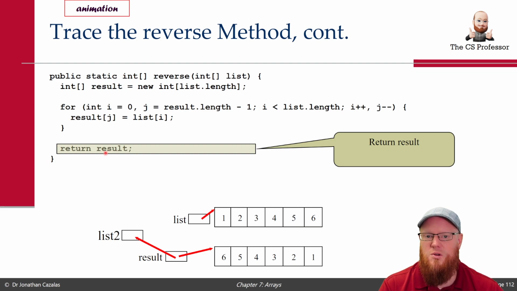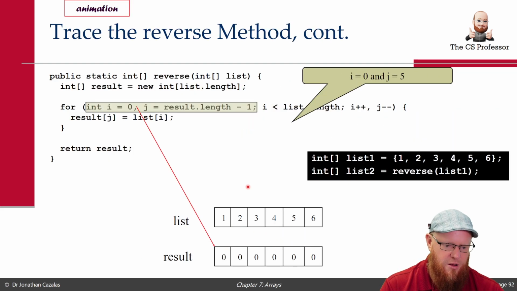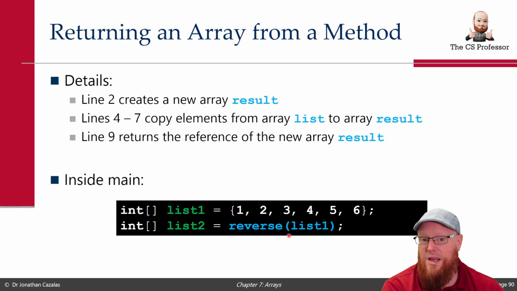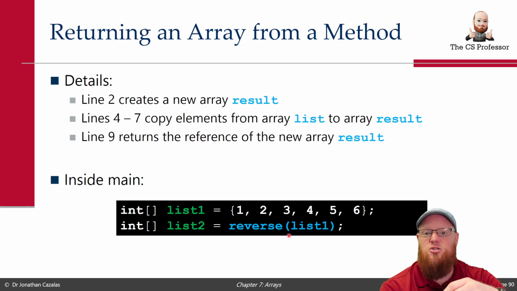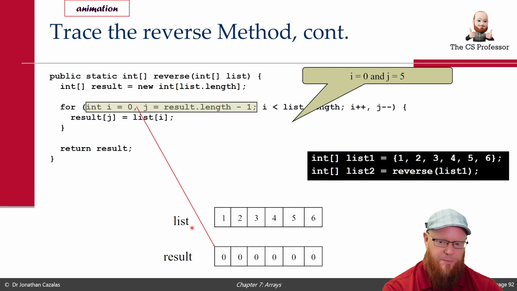So when we return result, we're actually returning an address. And so I want to go back to that first line, or right here is good. I'll come back to the previous page. So when I call this method and I send over the address, what got returned? An address of the new array. And what did we save into list2? We saved that address into list2.